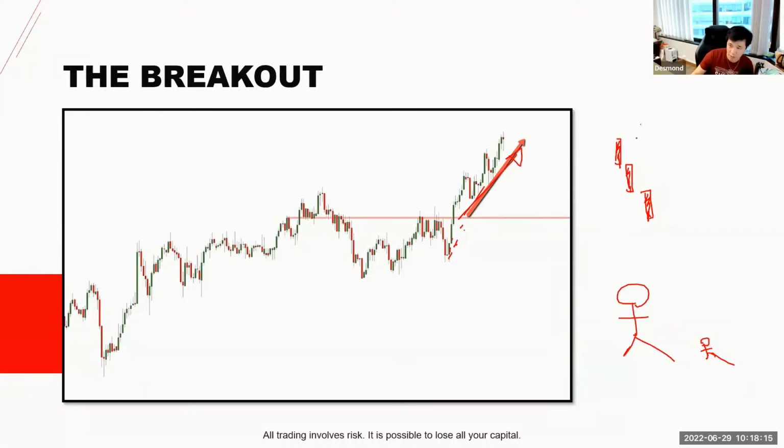Same thing with crows. You need three big crows over here. You cannot have three tiny crows and expect prices to have enough momentum to break out in their direction. A lot of people, when they look at the definition of three white soldiers, see that you need three bullish candles in a row. But these three bullish candles are very different from these three bullish candles.